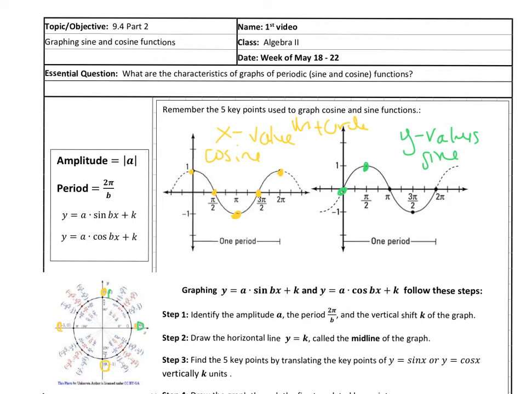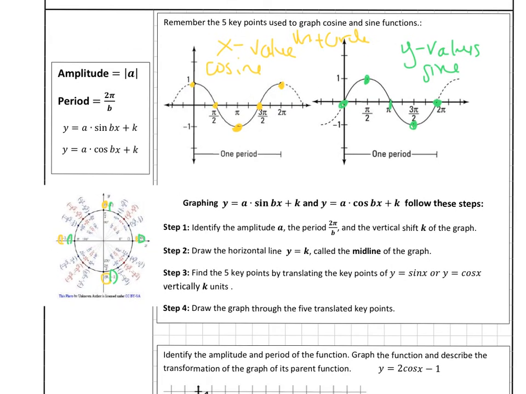We go over to pi, and the y value is back to 0. At 3 pi over 2, the y value is -1. And then we go back to 2 pi, which gets us back to 0. So those are the 5 key points of each sine and cosine, the sinusoid functions that we started looking at last week.